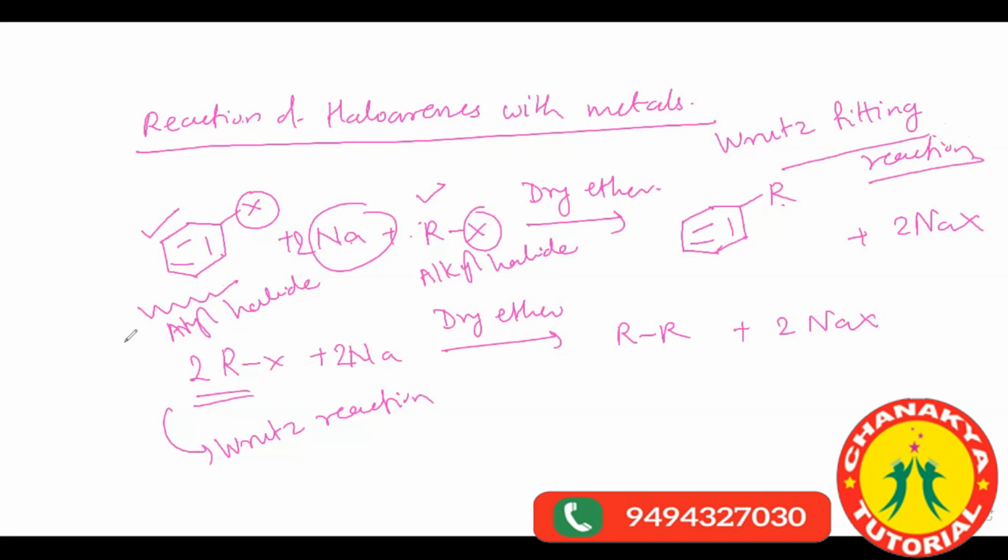Shall I erase it? Yeah, ma'am. Now see the next one. First of all, we had to take what? 2 alkyl groups for the Wurtz reaction. Now 1 alkyl group and 1 aryl group we took, right? Haloarene and haloalkane. Now I'm going to take 2 haloarenes. What will happen in this case?